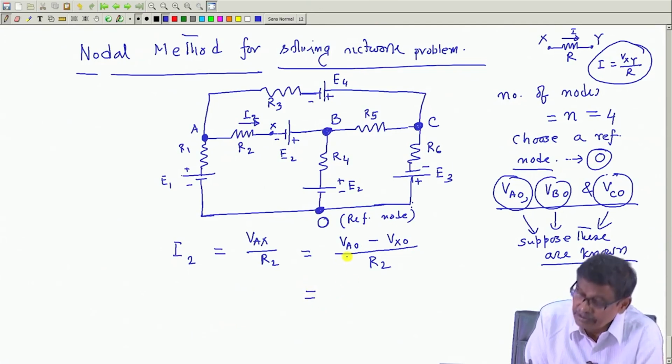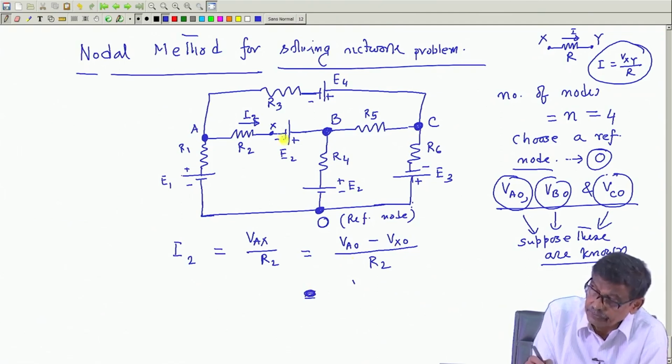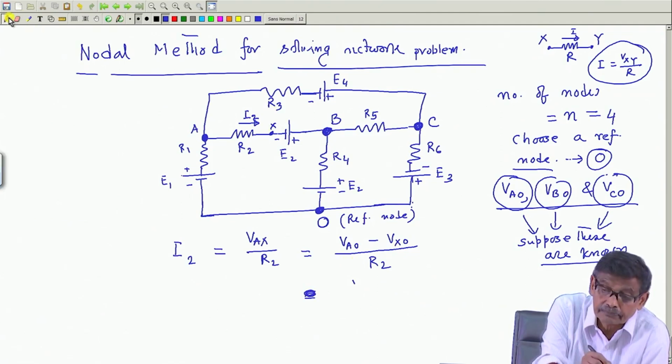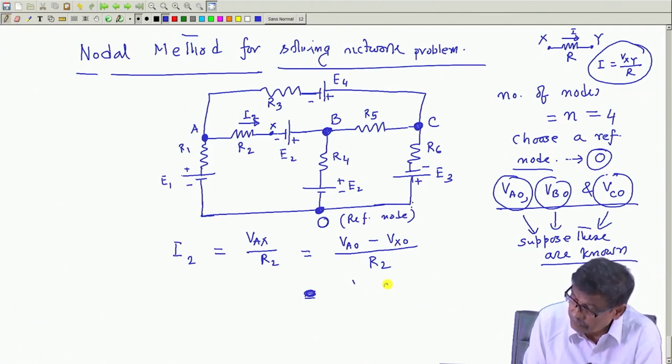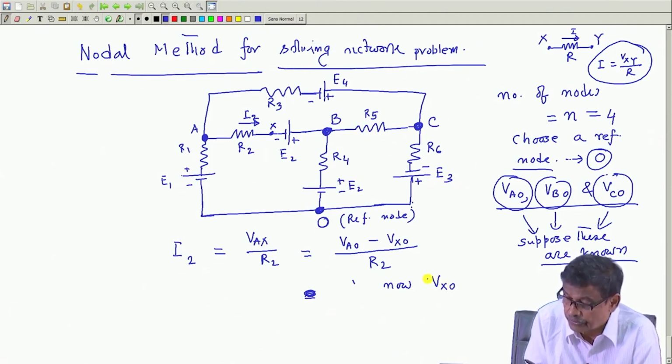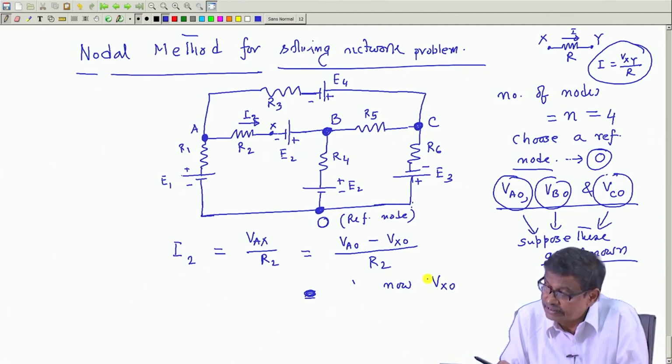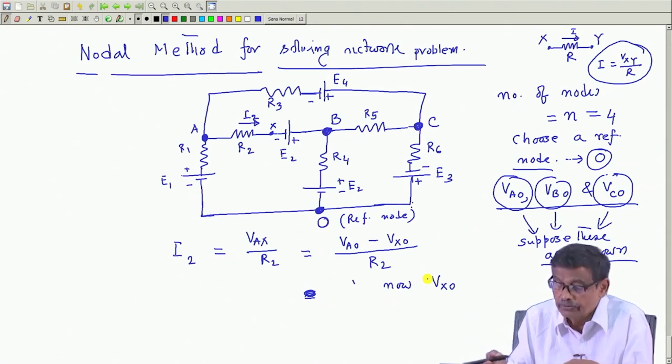Now look here, Vx0, the potential of x with respect to O, is the crucial point, because these are the things I know: Va0, Vb0, Vc0, somehow I know.